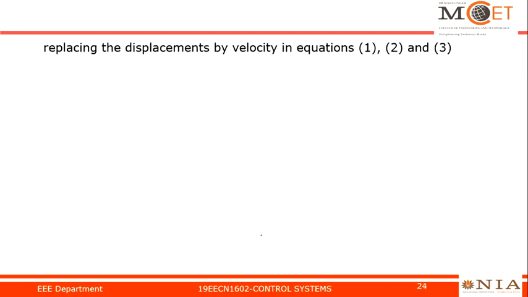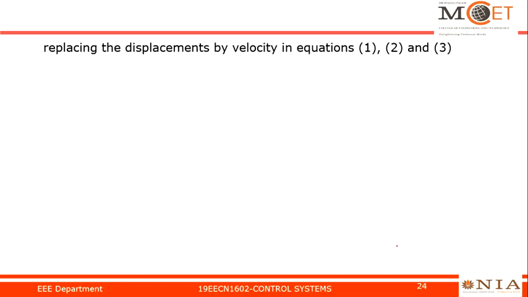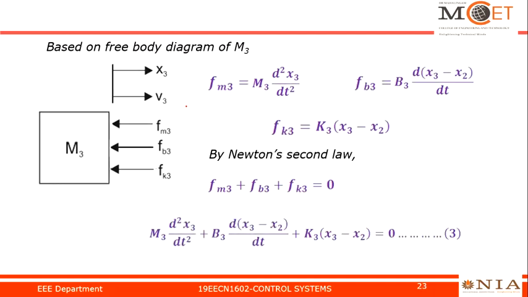Here it becomes x3 minus x2. So three different nodes, three different differential equations have been written. So replacing the displacements by velocity in equations 1, 2 and 3, three different differential equations are there.